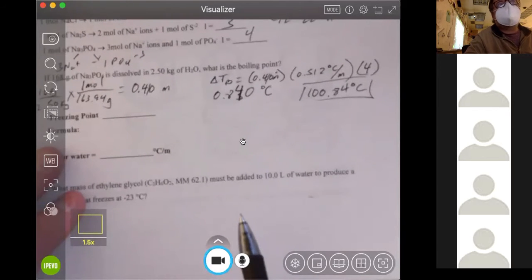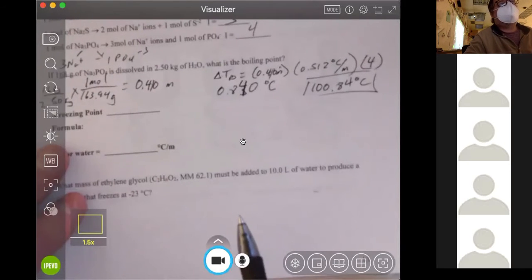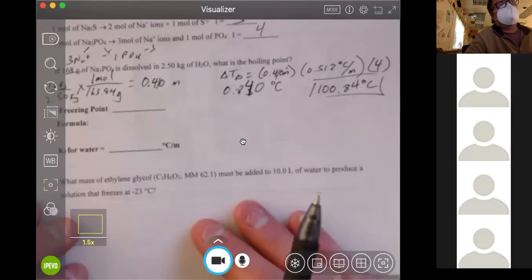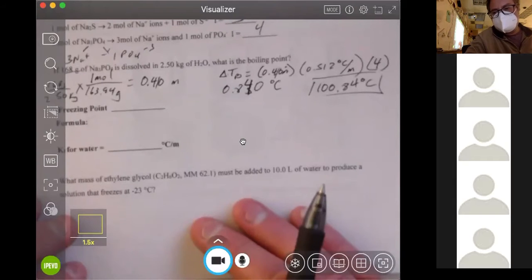So that's the process that is used in common things. Now, engine coolant is also called antifreeze, right? You don't have to switch it out when, oh, it's summertime, I've got to switch out my antifreeze with engine coolant.